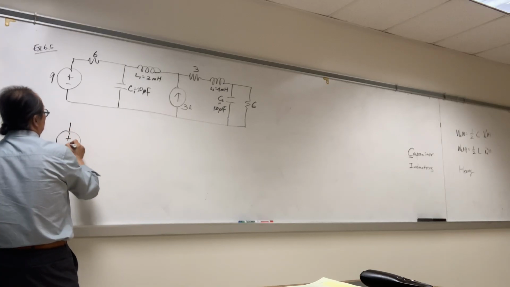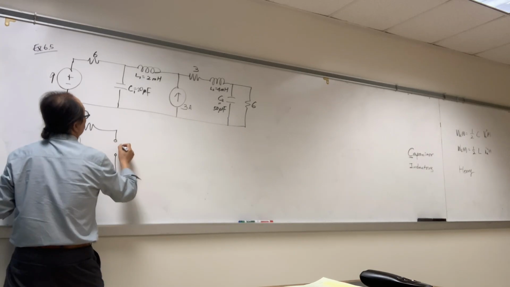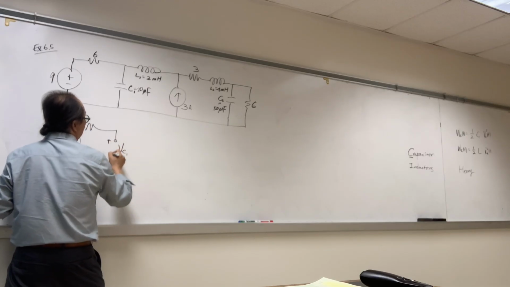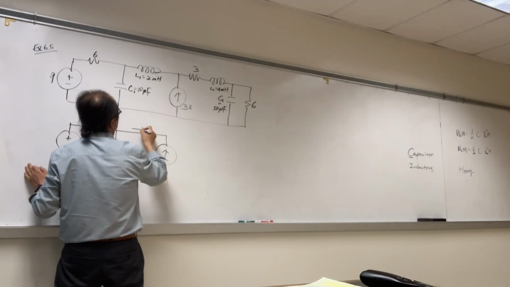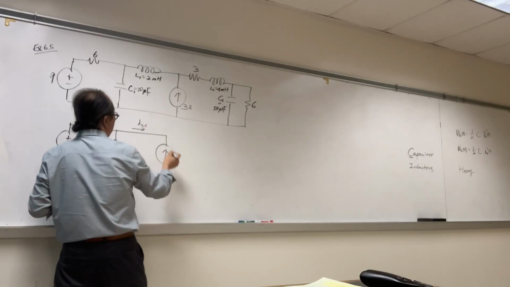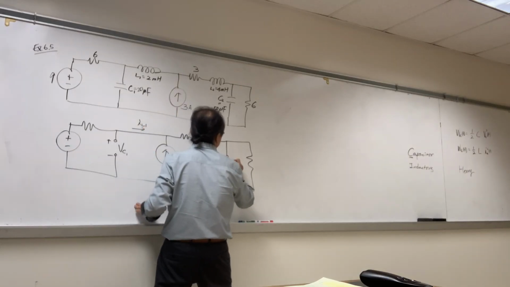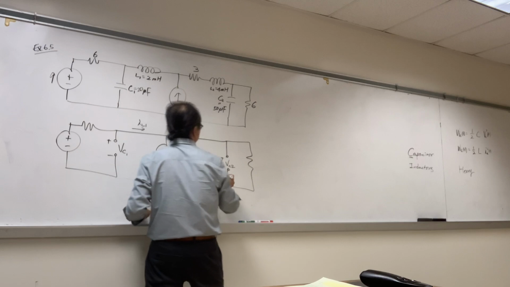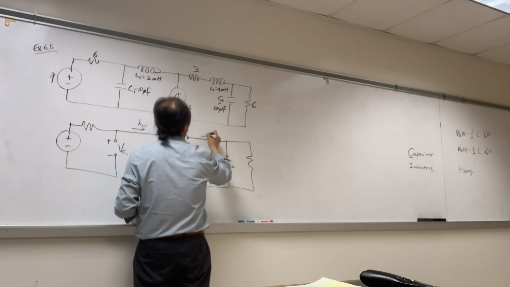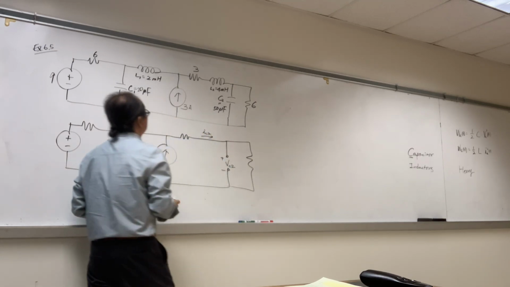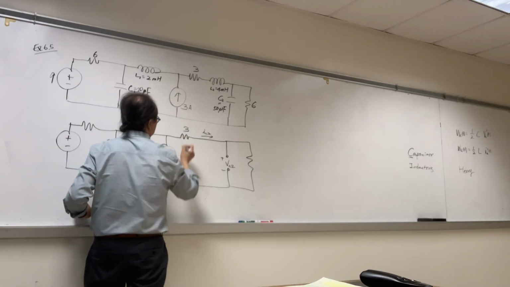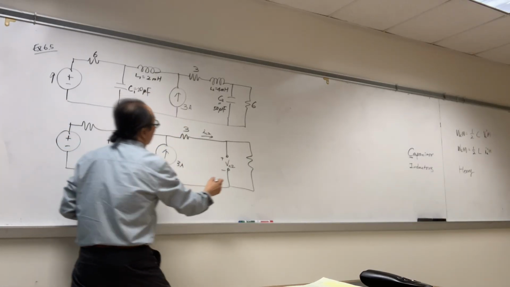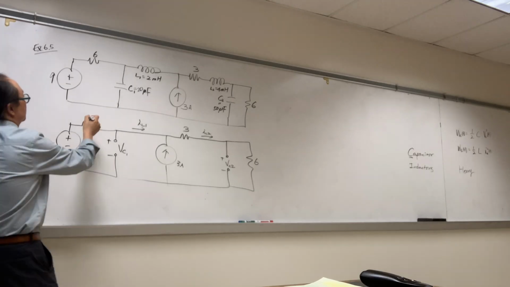So I'm going to just draw one more time. And this is VC1, plus minus, and this is IL1. This is plus minus VC2, and here IL2. This is 3, this is 3, and this is 6, and this is 6.